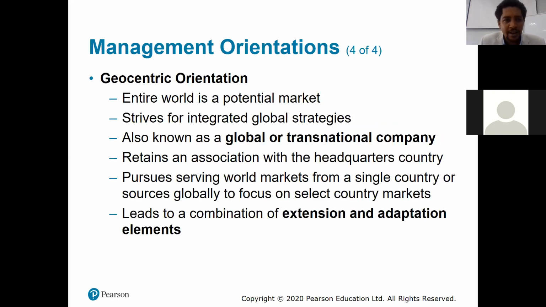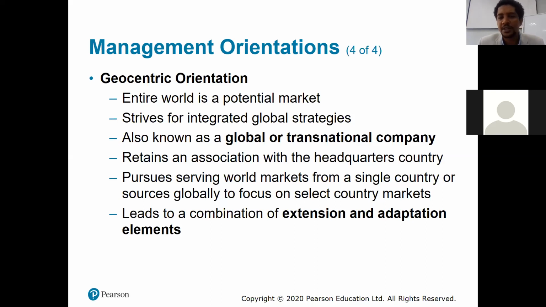And the last one is geocentric orientation. The entire world is a potential market. That's how you think, and you strive for integrated global strategies. This is also known as a global or transnational company.